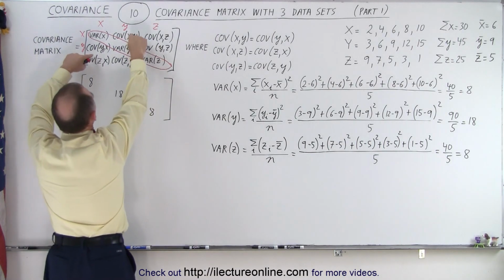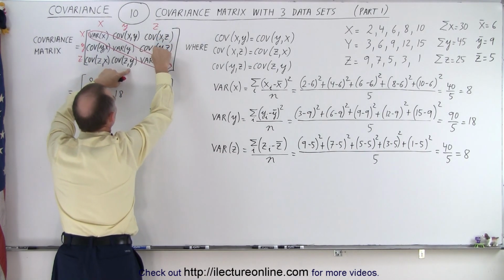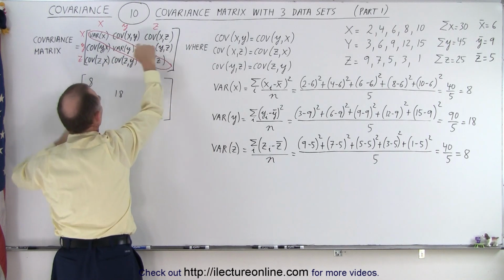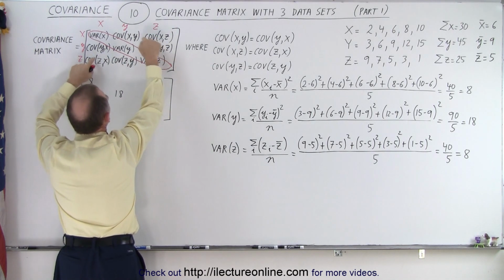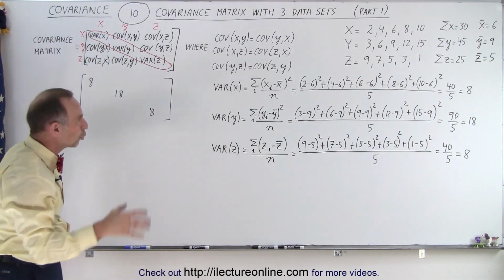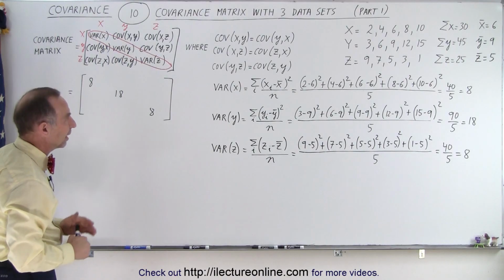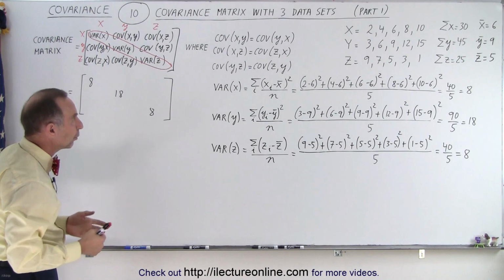So you can see that these 2 will be the same numbers, those 2 will be the same numbers, and those 2 will be the same numbers. If we draw a line across like this, we can see that these 2 are the same, those 2 are the same, and those 2 are the same. So in the next video, we'll calculate all the covariances, and we then complete this matrix. And then again, you'll see how they relate to one another.